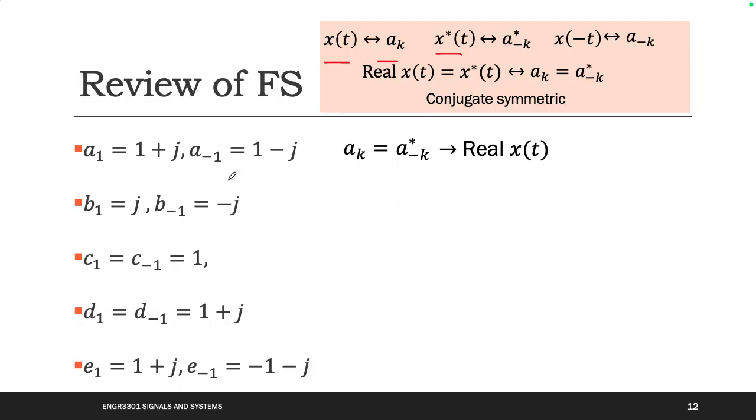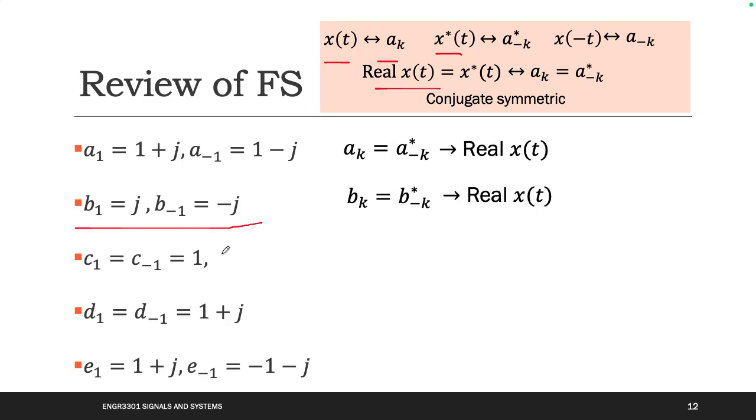So if you have this one, you have a real signal. For this one, I think it's similar. How about this one? b_k equals b_-k conjugate, so it is a real signal.